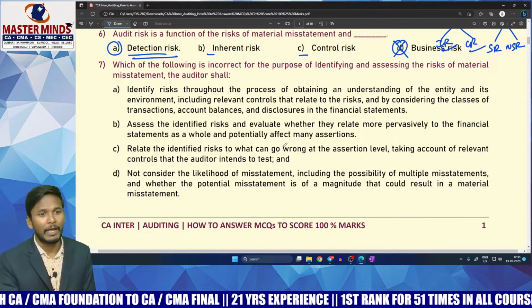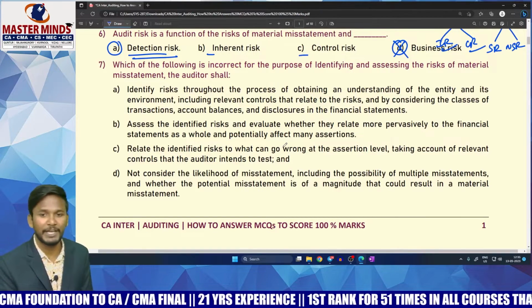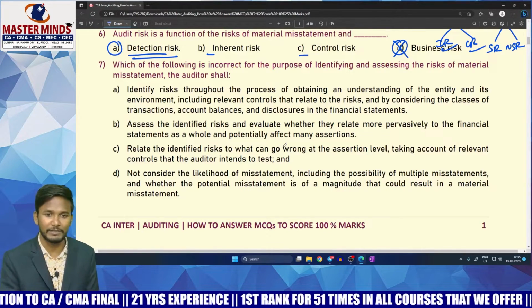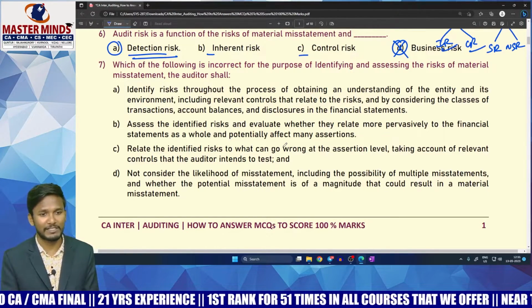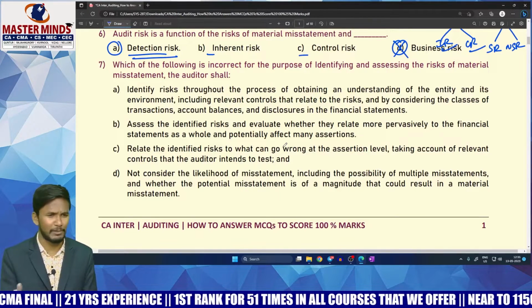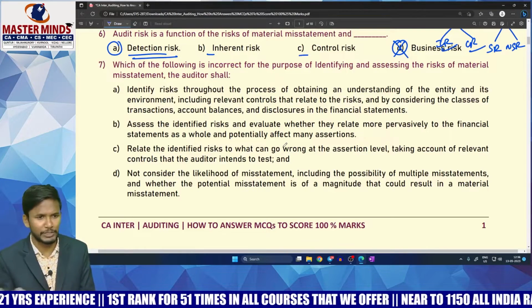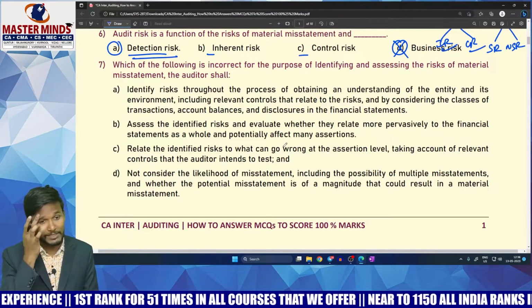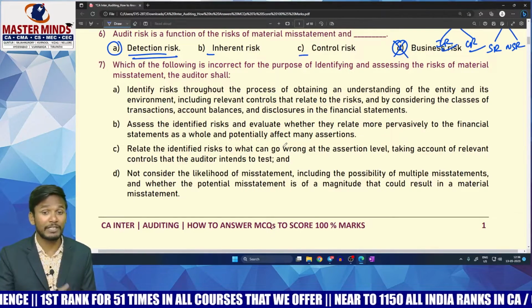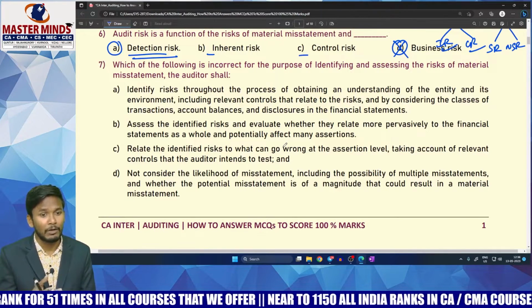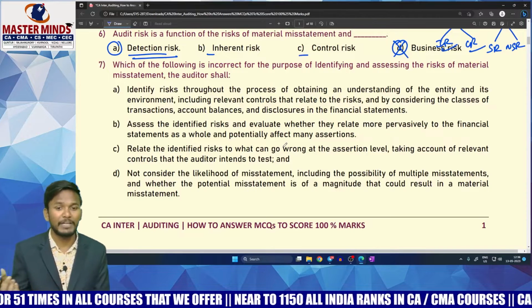Let's see. Identifying risk through the process of obtaining an understanding of the entity, its environment, including relevant controls that relate to risks, and by considering the classes of transactions, account balances, disclosures. Absolutely. For identifying the risk, you are going to understand the entity. Absolutely true statement. Next one. Assess the identified risk and evaluate whether they relate more pervasively to the financial statements as a whole and potentially affect many assertions.